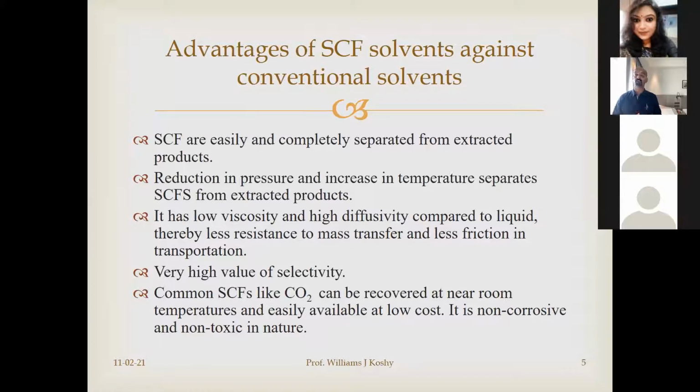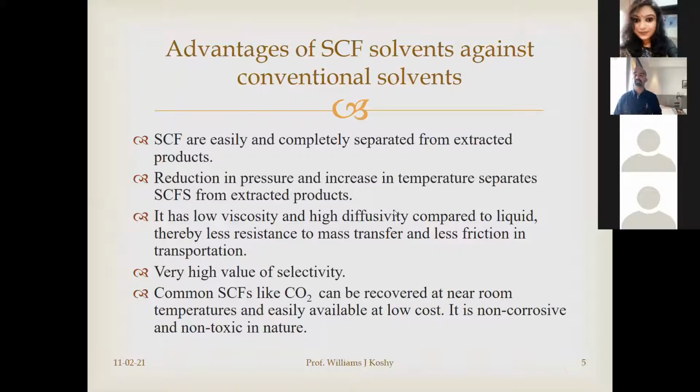And for CO2, we will see the conditions, it is done almost at room temperature. It means you do not require very high temperature or energy. It's not an energy intensive process as far as temperature is concerned. Okay, so the cost of the process goes down drastically.